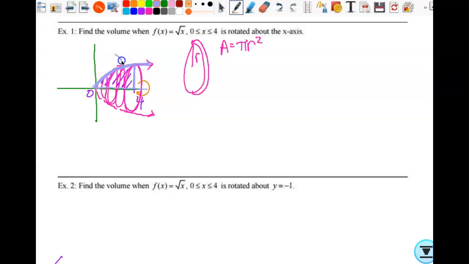Square root of x. This is the square root of x. It's not 4. It's 4 at one point, but that's the square root of x, right? So whatever the radius, wherever this circle is, that radius is whatever that y value is, which is the square root of x. Which means that your area is equal to pi times the square root of x squared, which is just x.